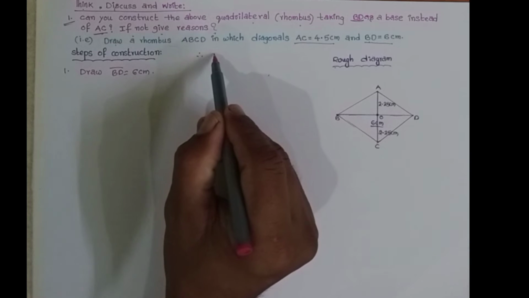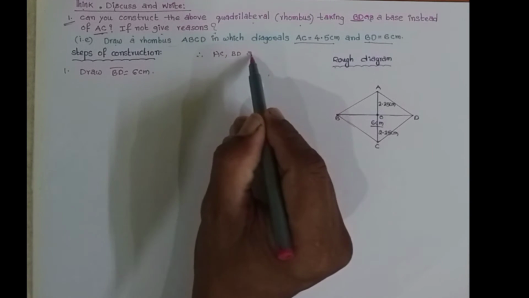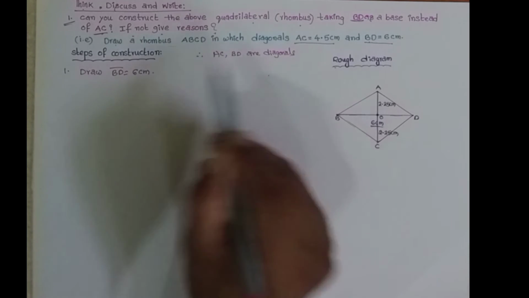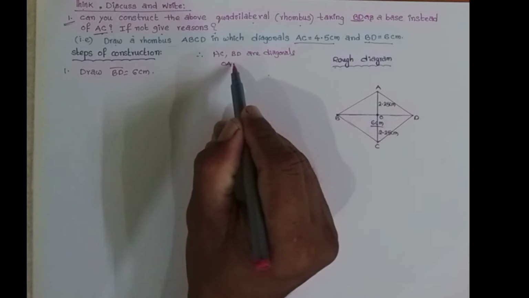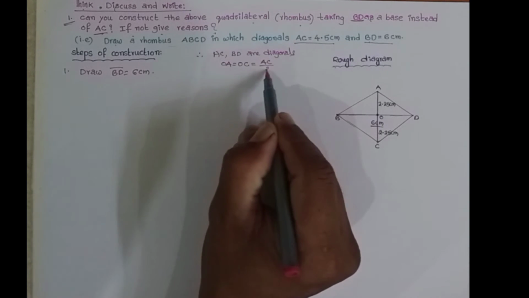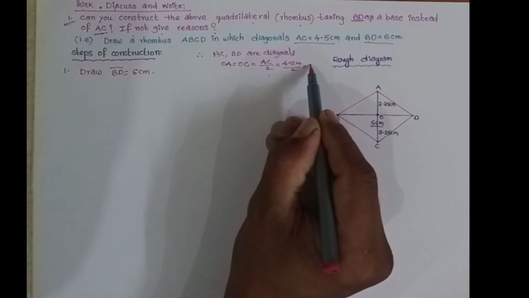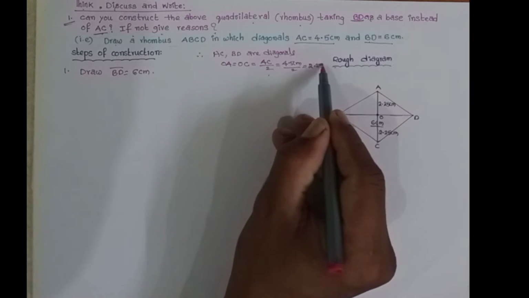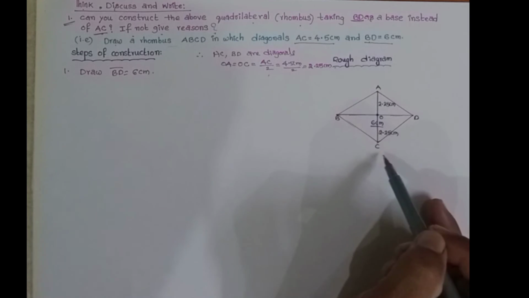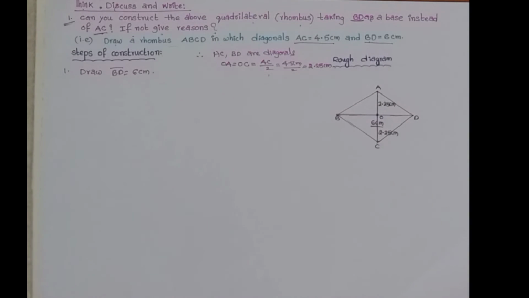Since AC and BD are diagonals, then OA equals OC equals half of AC, that is 4.5 centimeter by 2, which is equal to 2.25 centimeter each. Then we have to join AB, BC, CD, DA to get the required rhombus ABCD.